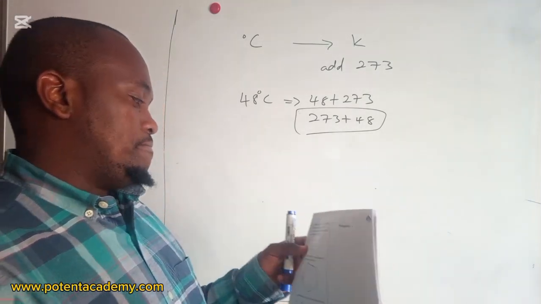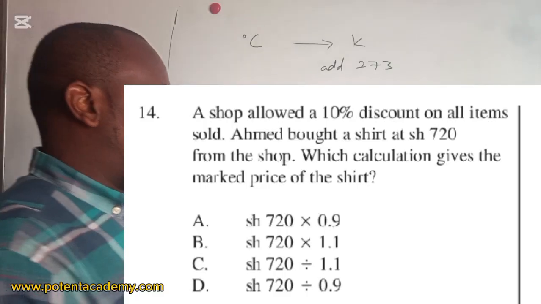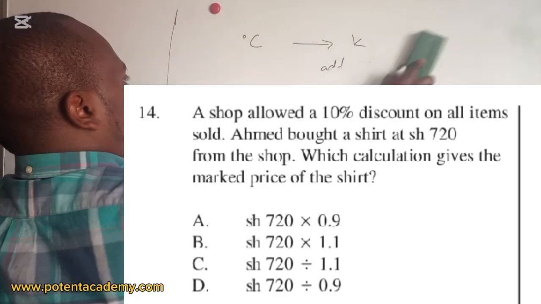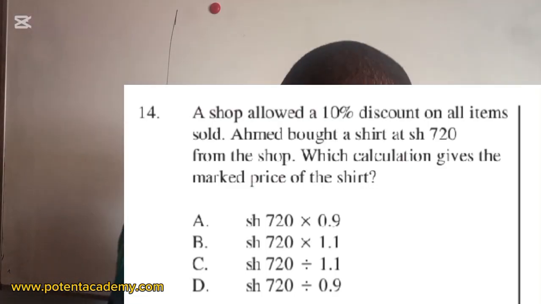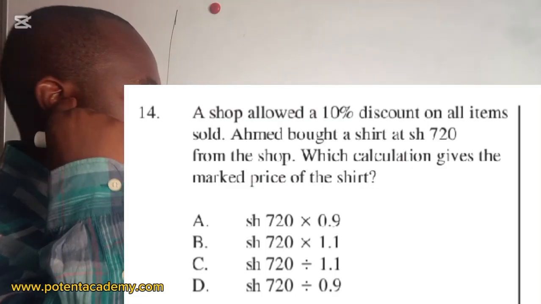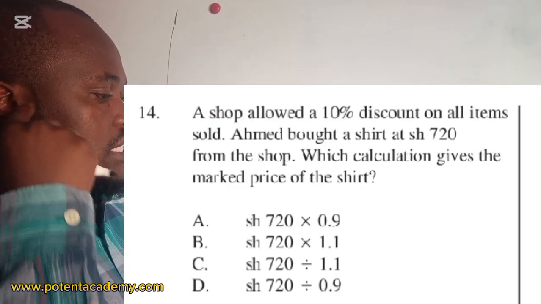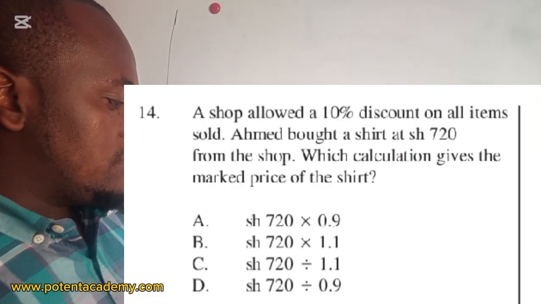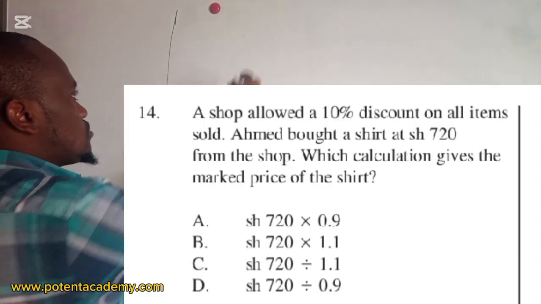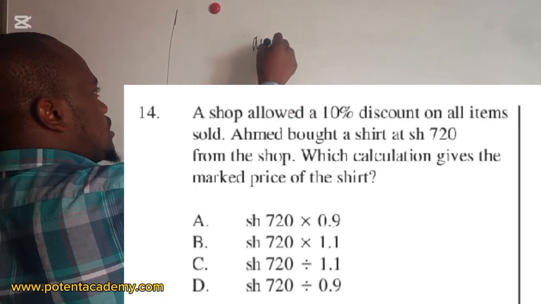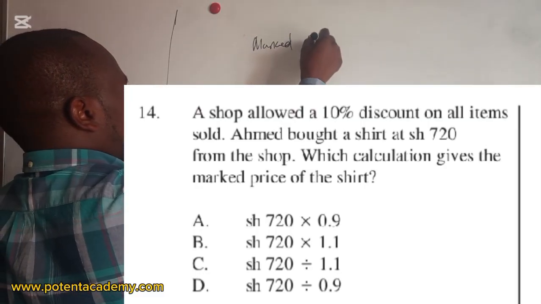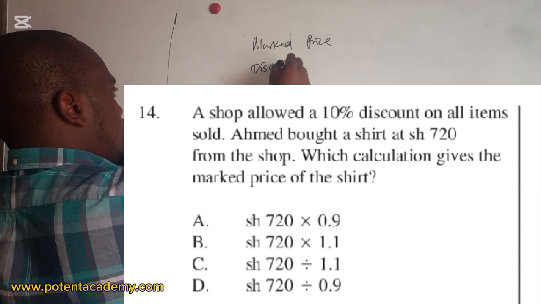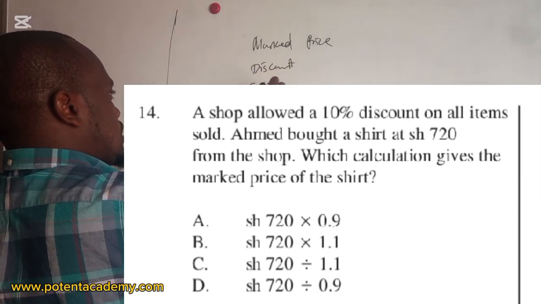It's addition. A shop allowed a 10% discount on all items. Ahmed bought a shirt at 720 shillings from the shop. What calculation gives the marked price? So you have marked price, you have discount, and you have selling price.